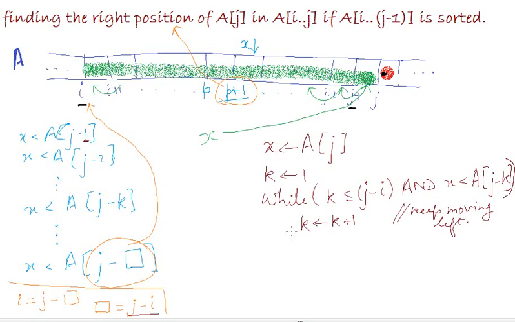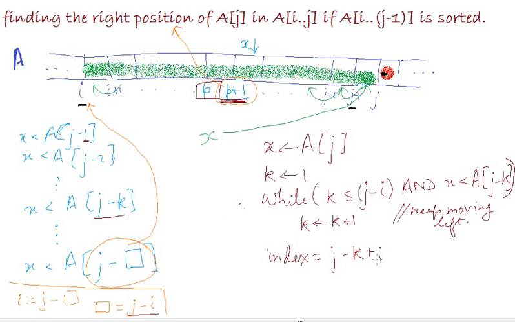Now when we come out of this loop, we have actually found p, and our answer is p plus 1. The index that we are searching is p plus 1. So what is the index that we have when we come out of this while loop? It is actually j minus k. So our index that we were searching for is j minus k plus 1.